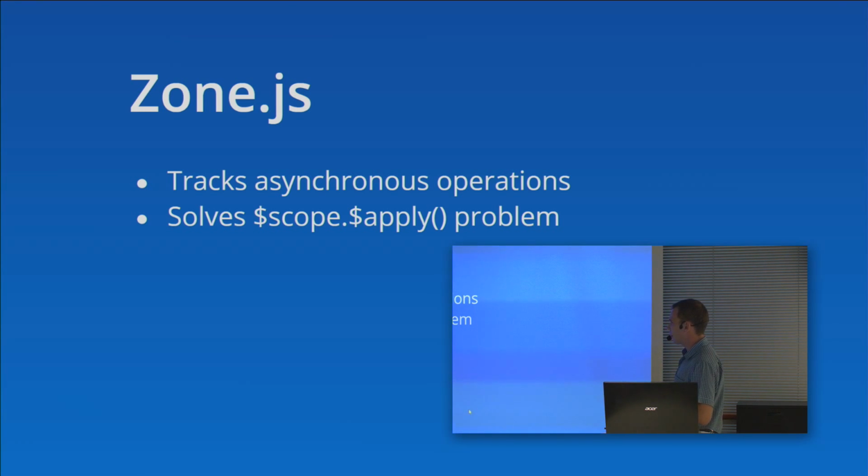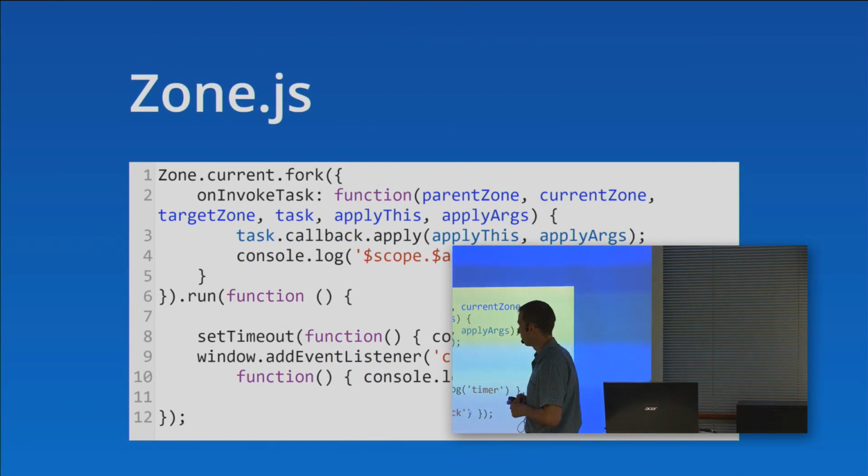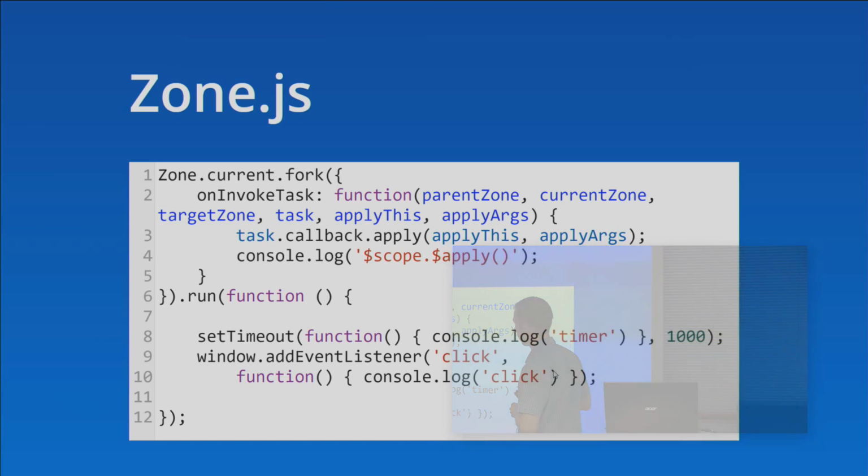So in Angular 2, it's fully automatic. And here's some code. It looks a little bit scary, I agree, but it's actually rather simple. First, I'm using fork. This creates a new zone, and then I can run some code in this zone. I can also configure the zone.